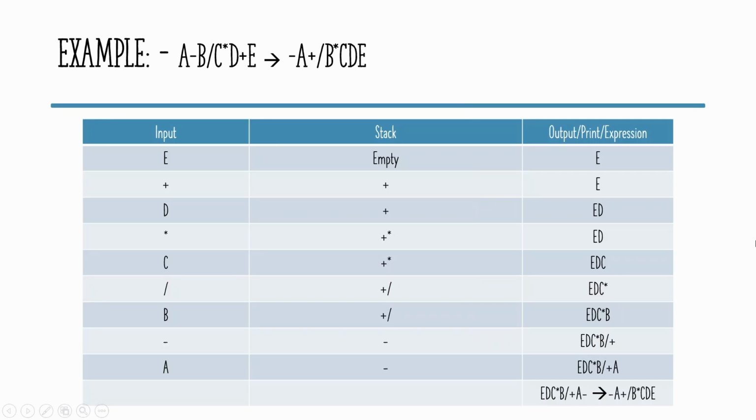Let us understand the algorithm with the help of an example. So here, as we can see, there is an example a minus b divided by c into d plus e, which is converted into prefix as minus a plus then division, then b, then into c, d and e.